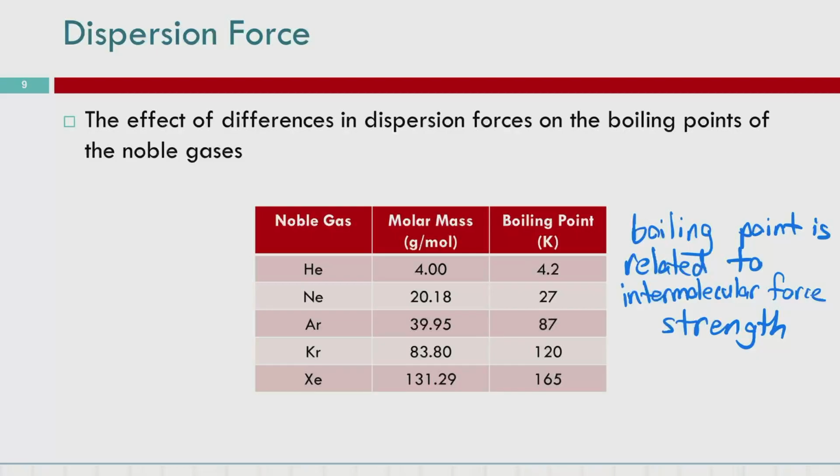It's proportional, sort of. So when we're saying that we've got a really low boiling point, it means that it takes very little energy for those atoms to not be stuck together anymore as a liquid.